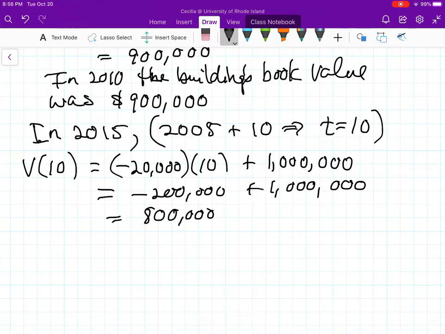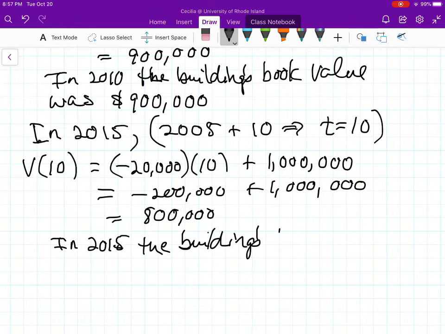So let's go ahead and write this. In 2010, sorry, I misspoke. In 2015, the building's book value was $800,000.